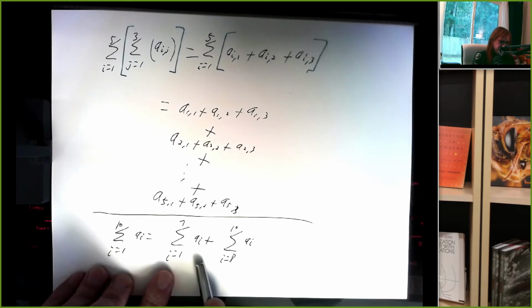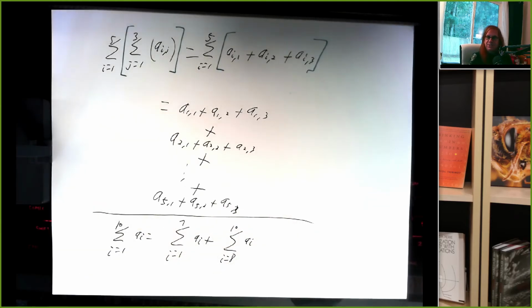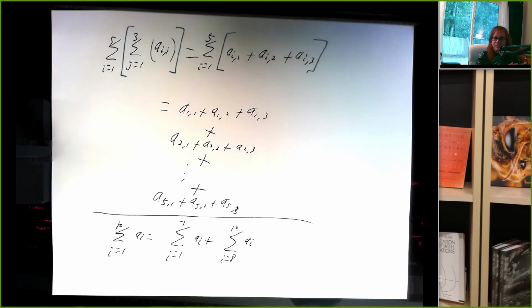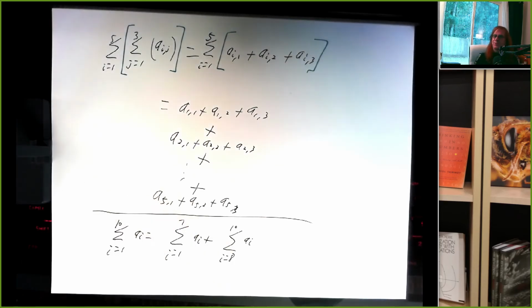Let's add terms 1 through 7, let's add terms 8 through 10, and let's add those together. Sometimes this is useful. Sometimes we may be trying to find a sum and we have no idea what it is, but we can break it into two or more pieces, figure out what those individual sums are, and then just add them together.